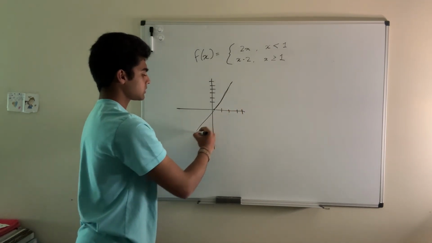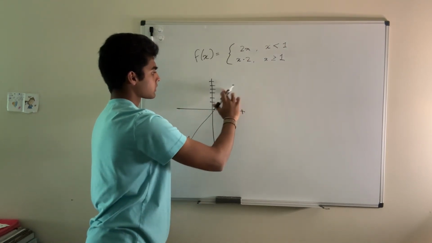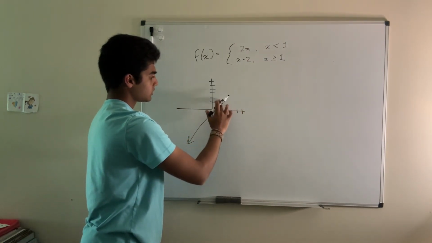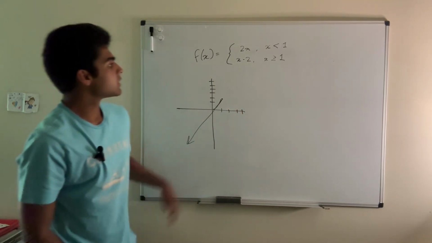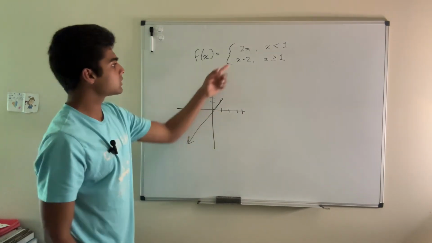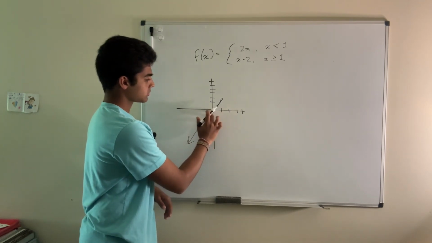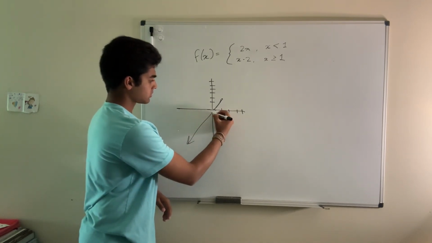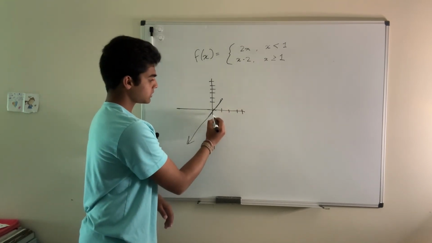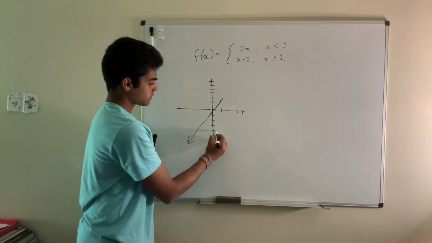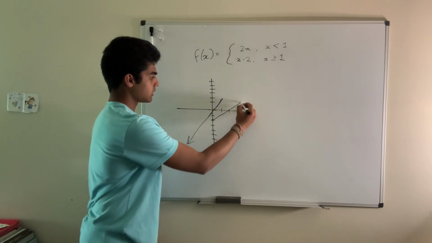This is 2x right here, and we only want it when x is less than 1, so this is going to be a hole right here. Then when x is greater than or equal to 1, we have x minus 2. If we go down here, it's going to be right here, and then going like that.